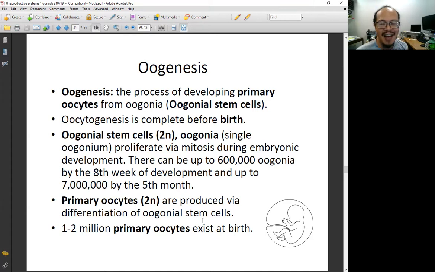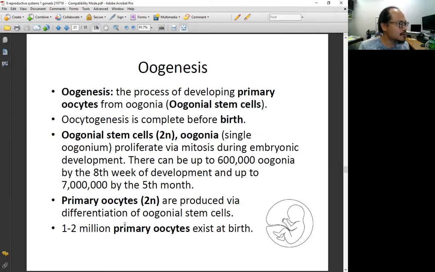After birth, each of these oogonia have already become primary oocytes and are surrounded by the follicle cells. In contrast, in male, the spermatogonia, the sperm stem cells, still keep reproducing themselves. So that's the main difference.